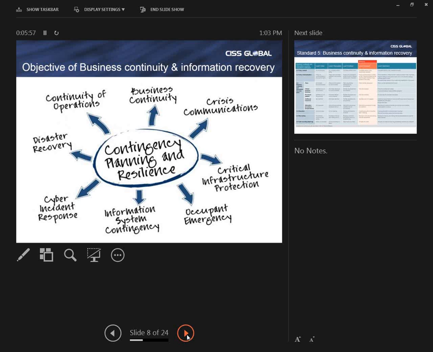If you were already looking at business continuity, you would already have taken a look at things like backup. For the business, in the event that anything occurred, you would already have been considering a lot of these things. Business continuity covers things like crisis communications, critical infrastructure protection, what's going to happen in an emergency, etc. Have we got incident reporting, disaster recovery?